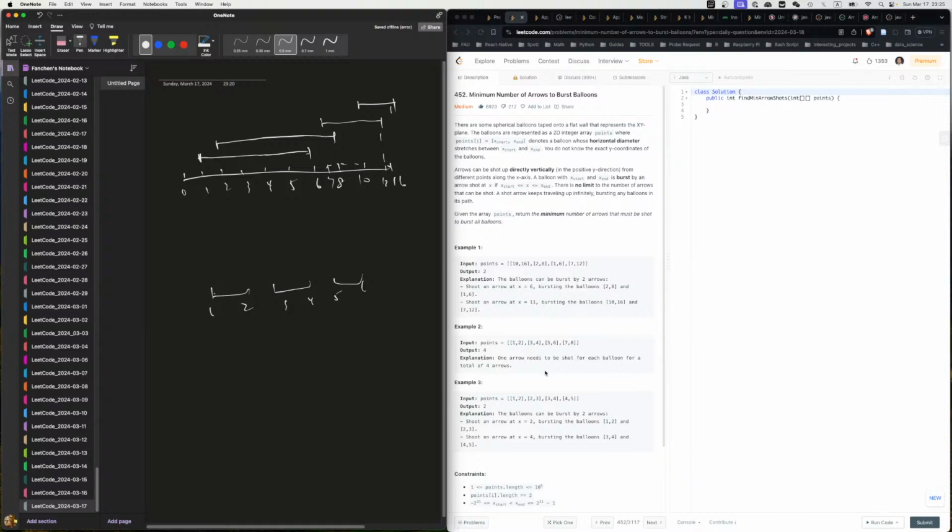Because if you don't do that, if you say, okay, I have a better way, like if I don't pop all the overlapping ones and that can make a better result, that means there are some that can be popped by the first arrow that you choose not to pop, and you say I'll do it later. That can make it better. But the first one needs to be popped no matter what, right?